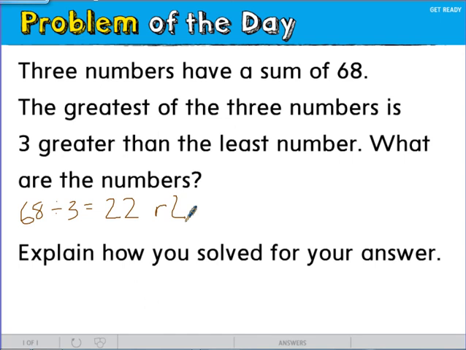Now I know that my last number has to be 3 greater than my first number, correct? So I know that I'm going to be in the 20s. I have 2 left over if I do 22, so that's going to give me 22 and 24, right? That's only 2 greater.